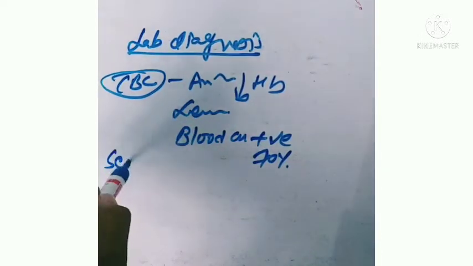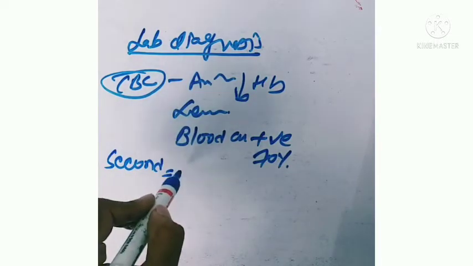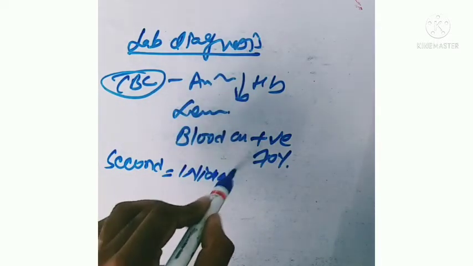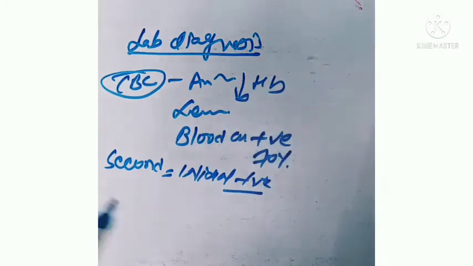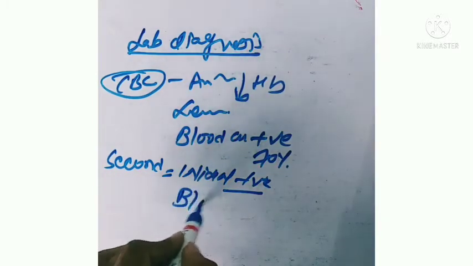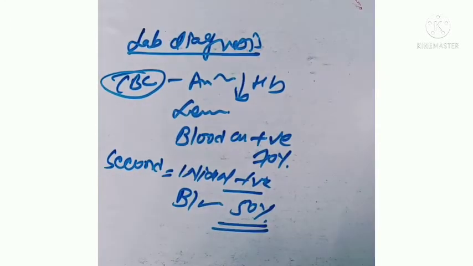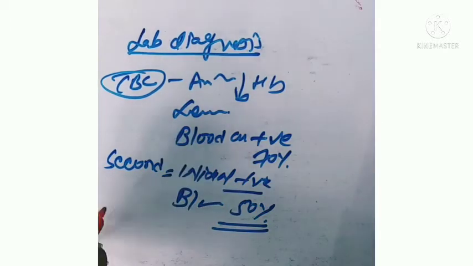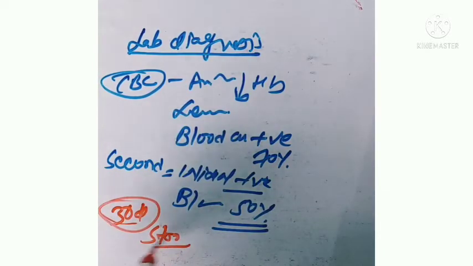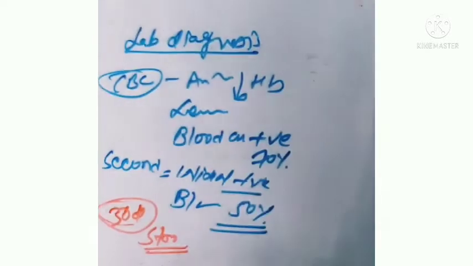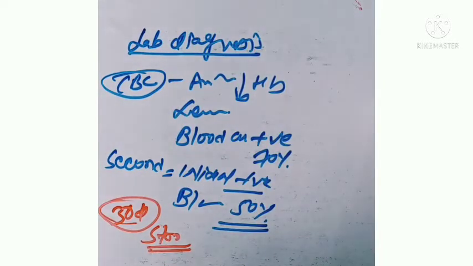In the second week of lab diagnosis, you will find the Vidal test is positive, and the blood culture is positive in 50% of cases. Anemia, leukopenia, and bone marrow involvement can also be seen in this stage. In the third and last stage, you will see the stool culture and urine are positive, and the Vidal test and blood culture are positive.